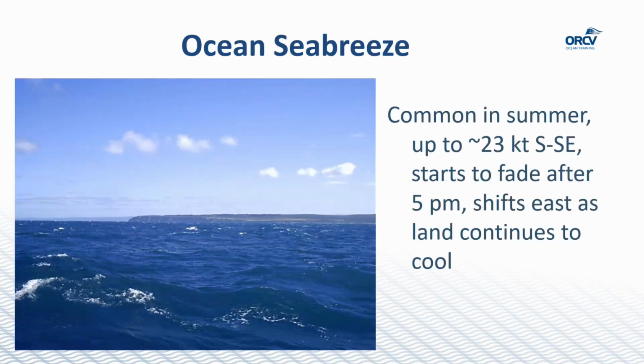Now, on an ocean, this is out in Bass Strait, moving up towards Cape Otway, or roughly along that direction. And here you can see the cloud forming up here, and it creates the ocean sea breeze running along.